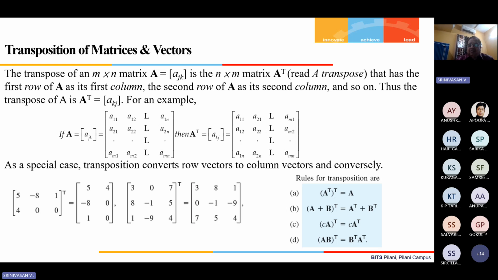All these things you can check by taking simple 2 by 2 matrices for A and B, finding the product and its transpose, and then finding B transpose and A transpose and their product. They will be equal. But the order is very important. The transpose of AB is B transpose into A transpose.